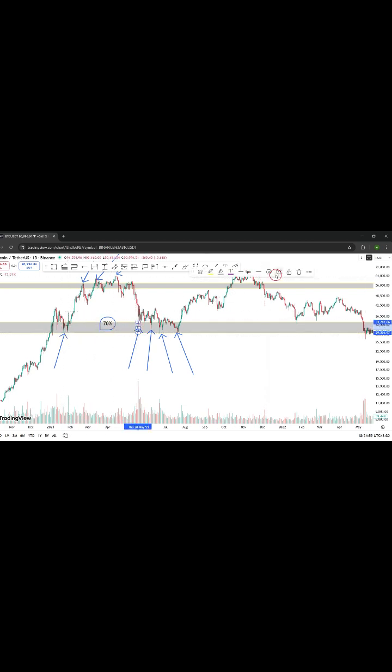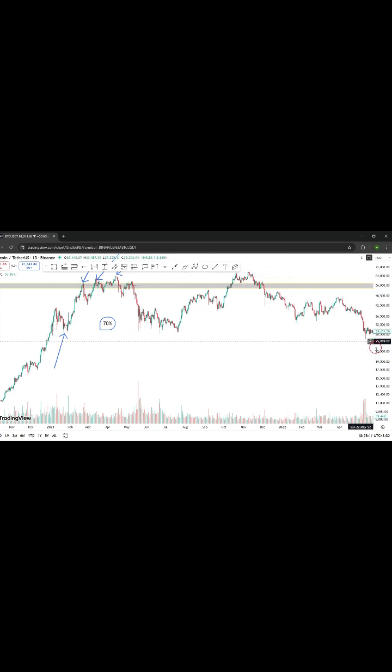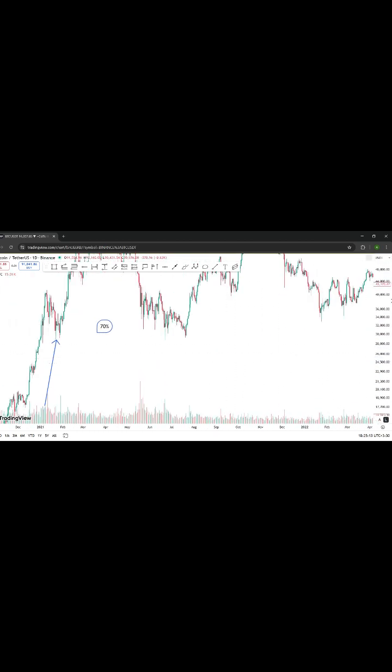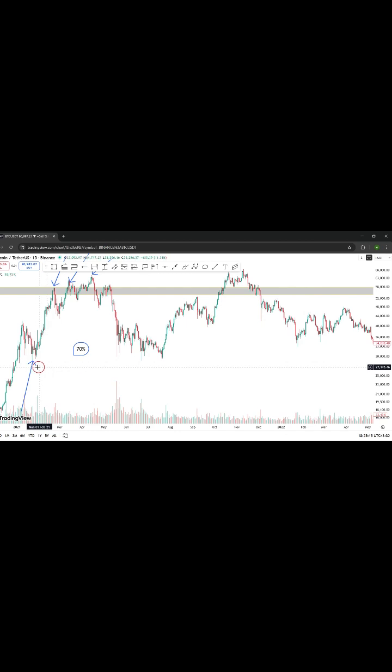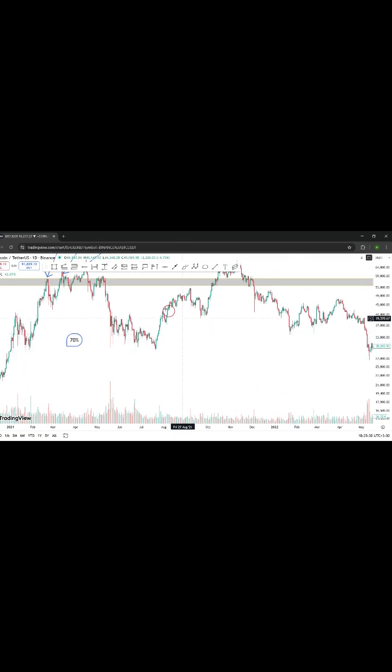Let me delete all these shapes and talk more clearly and in detail. It is so important to understand the characteristics and main information of these support and resistance areas.